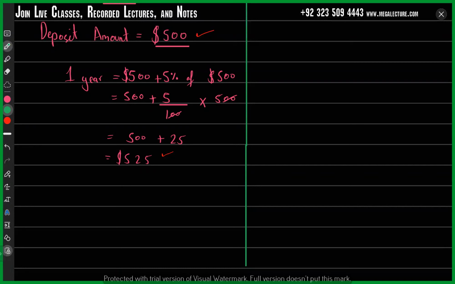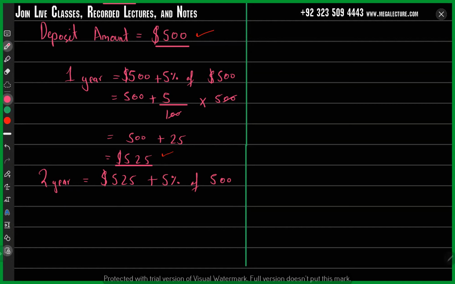Okay. So second year, what am I going to have? I would have $525, because this is what I had at the end of the first year, plus 5% of my initial amount, my deposit amount, that is 500.